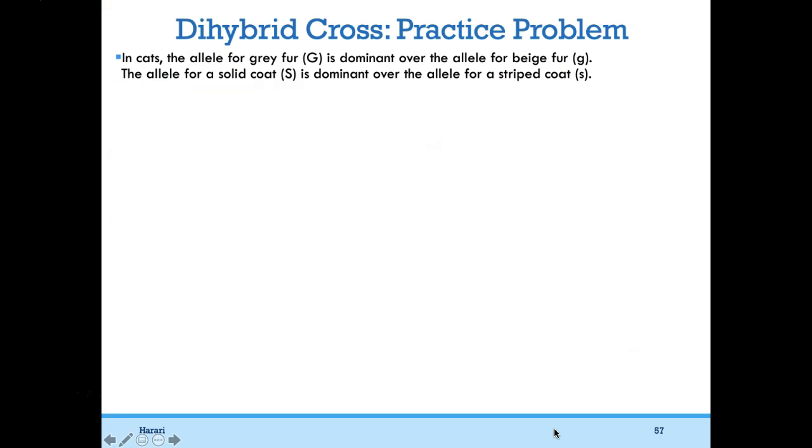Let's do one dihybrid cross practice problem. In cats, the allele for gray fur, big G, is dominant over the allele for beige fur, little g. The allele for solid coat, big S, is dominant over the allele for a striped coat, little s.